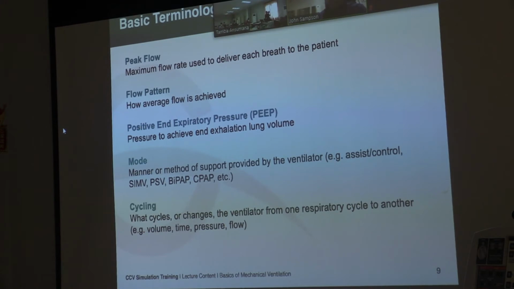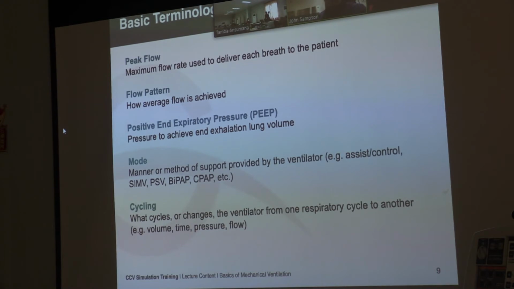And then you have the mode, which is the method of support for the ventilator. We will go over the different types of mode that this ventilator can do, but mainly focusing on those that are relevant to a patient with the COVID infection. And then there's different ways that the ventilator can deliver a breath.